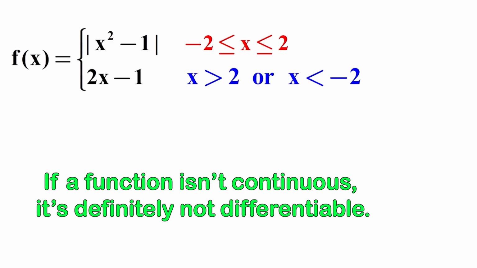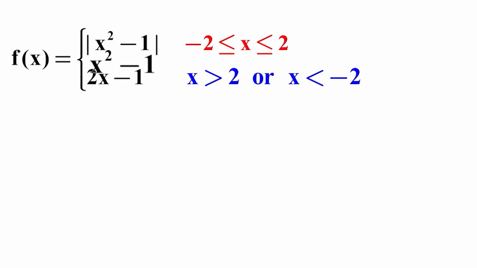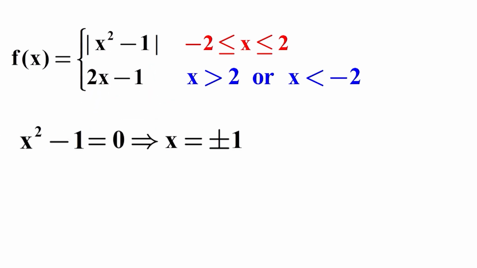Now let's look at the expression inside the absolute value, means x squared minus 1. So let's set x squared minus 1 equal to 0. This gives us plus or minus 1. Since both 1 and negative 1 fall within our domain because x is between negative 2 and 2, we have 2 points of non-differentiability right here because these are simple roots.